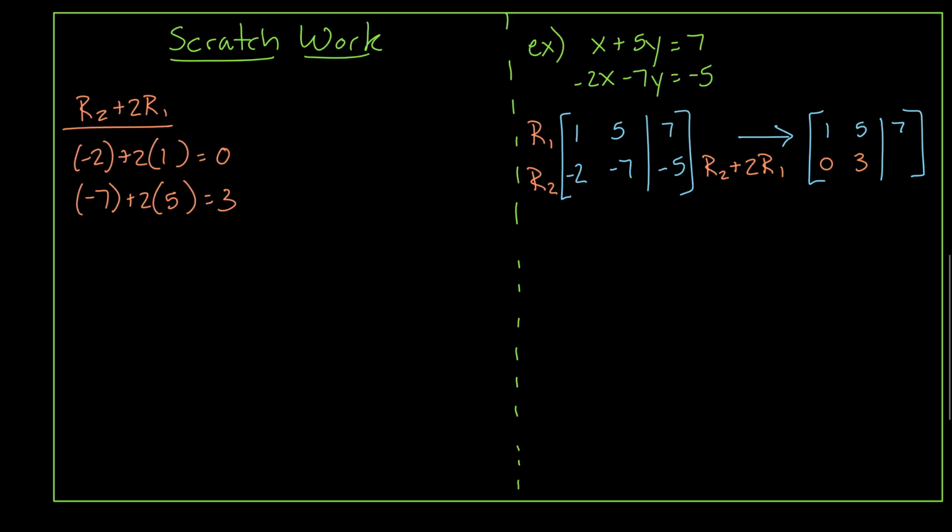And what is the constant for my row 2? Negative 5. And what's the constant for my row 1? So what is negative 5 plus 2 times 7? So my new constant for the second row is 9.